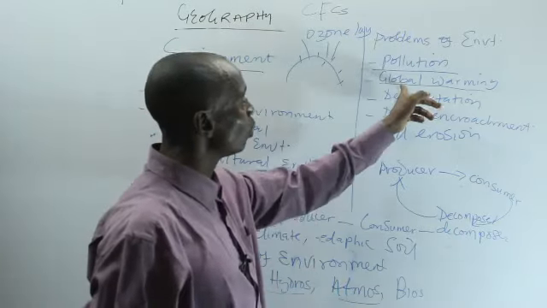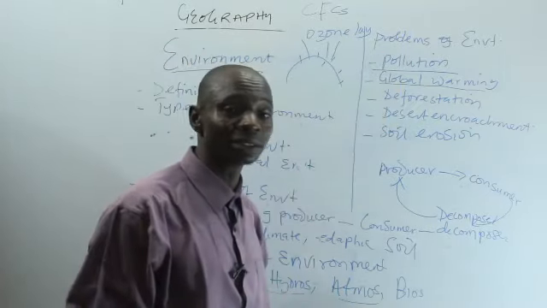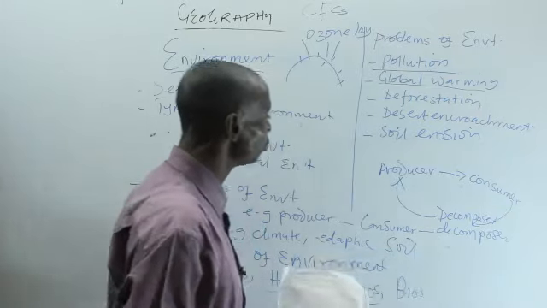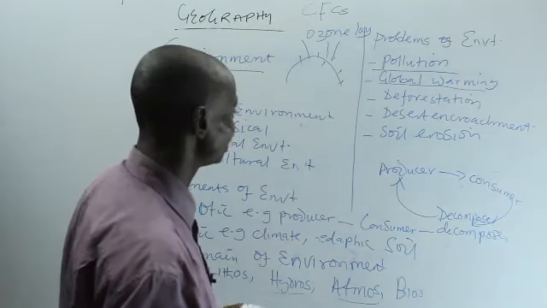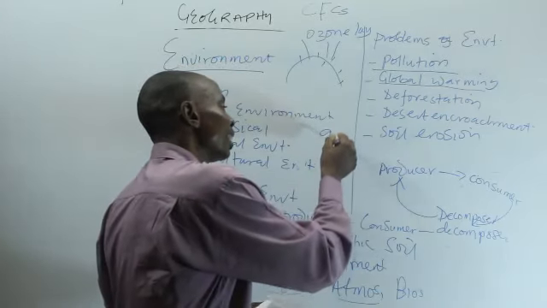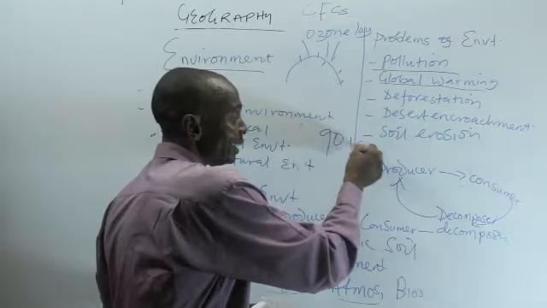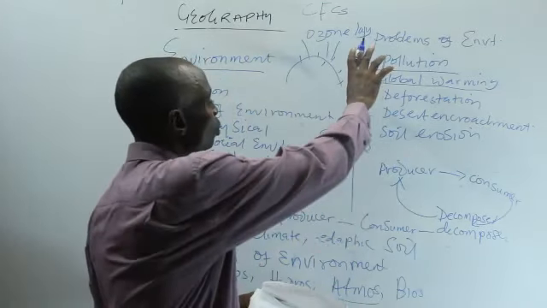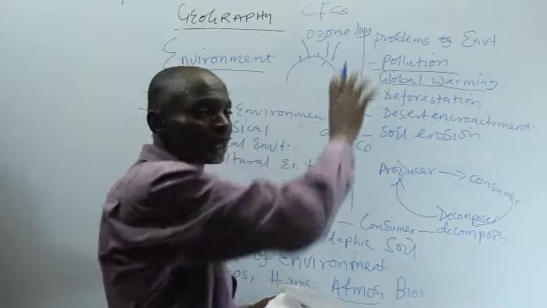Now, what is the effect of global warming? We have some oceans that 90% of their water is in form of what? Of ice. It is blocked because they are located very close to the polar region.